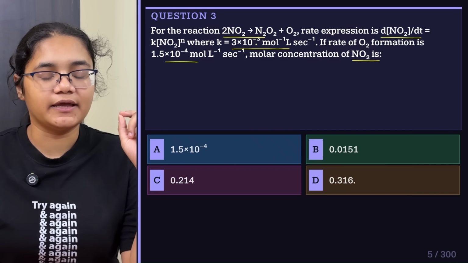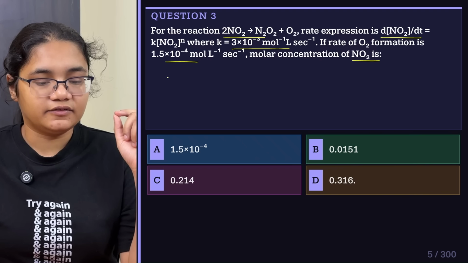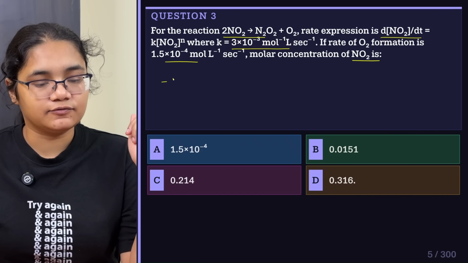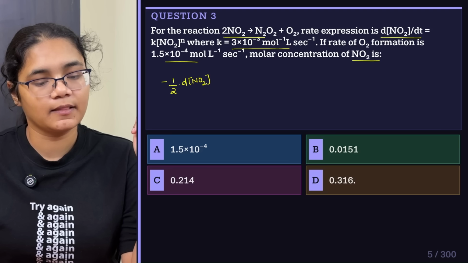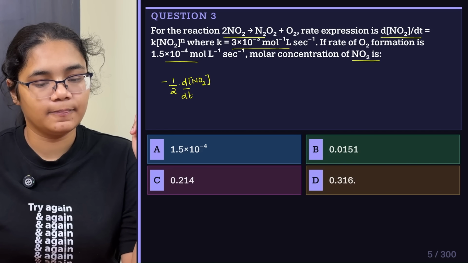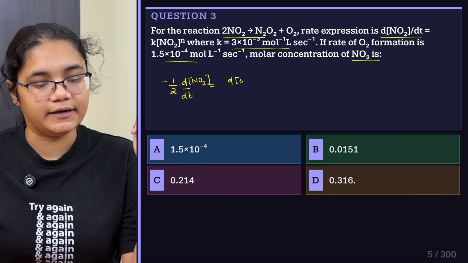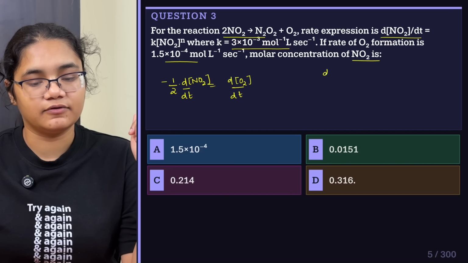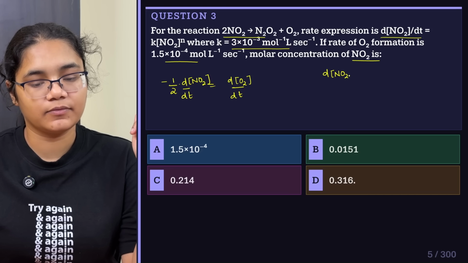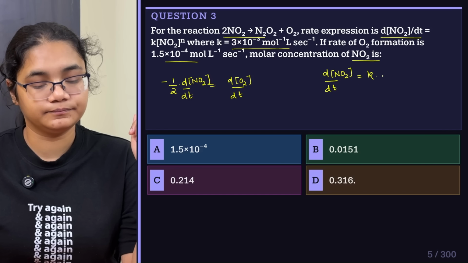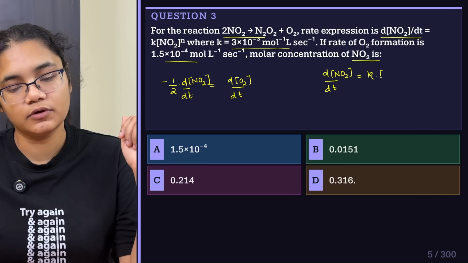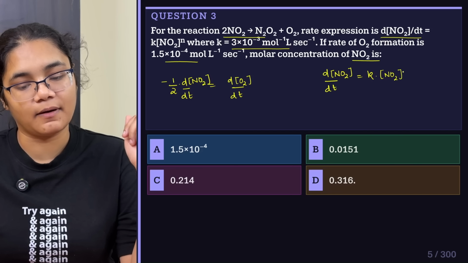Yes, so now we have this reaction, we have minus 1 by 2 of dNO2 by dt is equal to dO2 by dt, right? And we also have minus dNO2 by dt is equal to K into NO2 to the power of n.